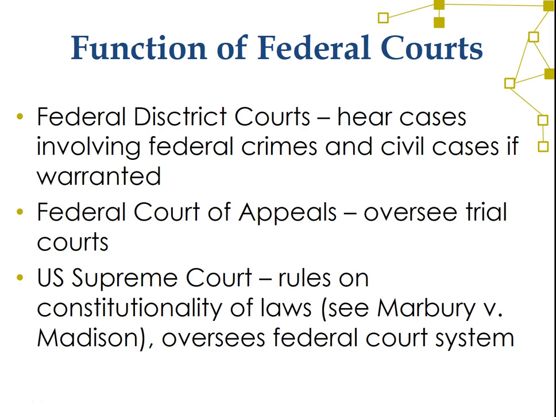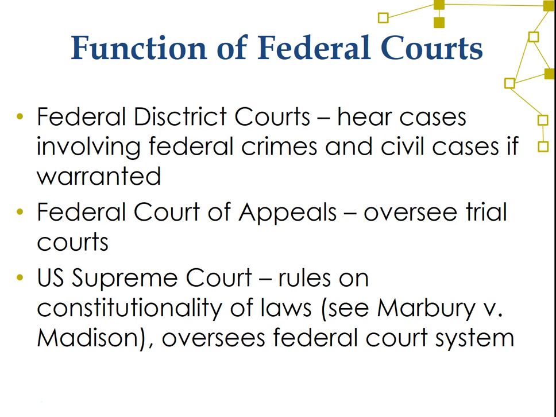And a little bit more on the functions of federal courts, because I want to make sure that you have a good idea, because we did talk about state and we went through the levels of federal. Well, the federal district courts, remember, hear cases involving federal crimes and civil cases, and this is the bottom tier.